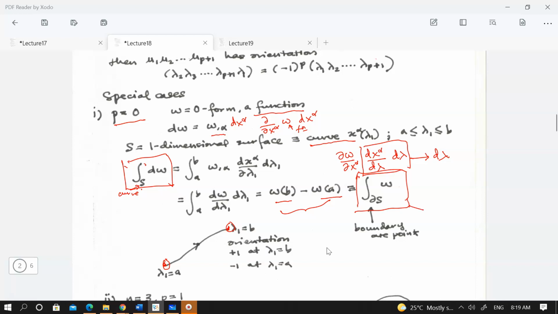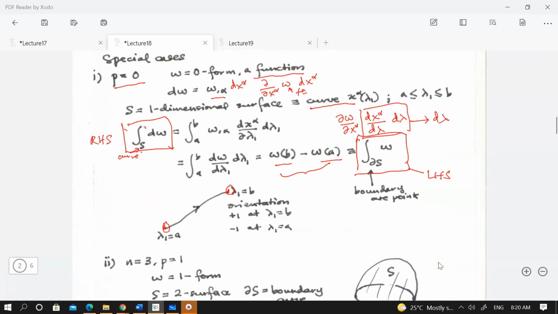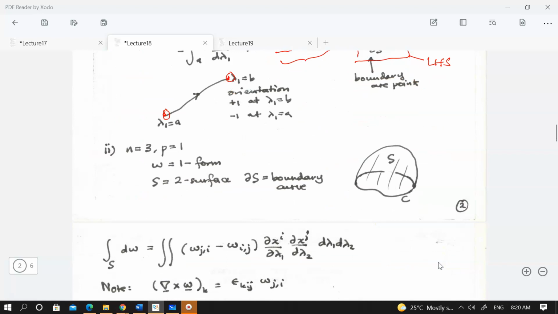So this was the left hand side, this was the right hand side. So your fundamental theorem of calculus is actually a special case of Stokes theorem. Right. Let's look at another slightly more interesting example.